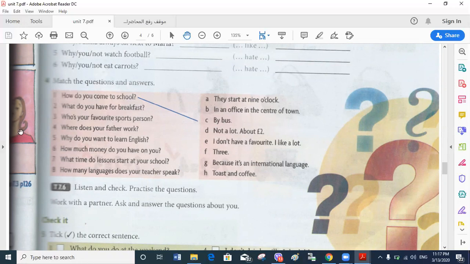What about, what do you have for breakfast? So the question is what? It is asking about things that you eat at breakfast. So the answer will be toast and coffee. Try to solve the rest also.